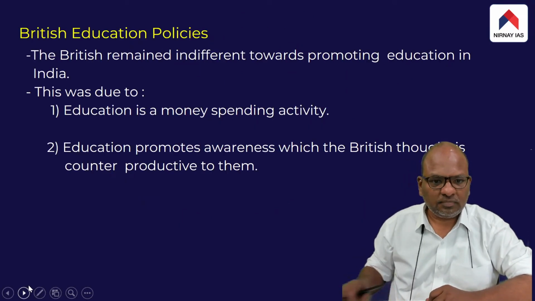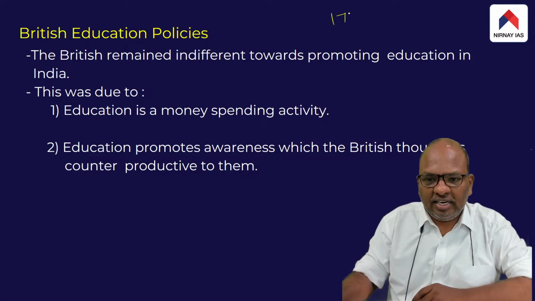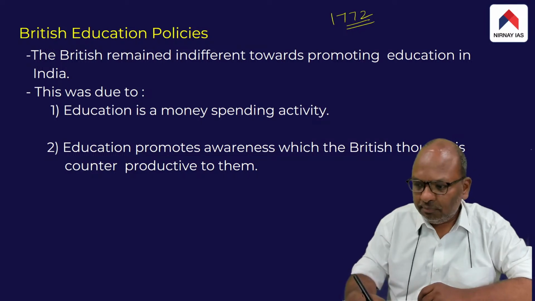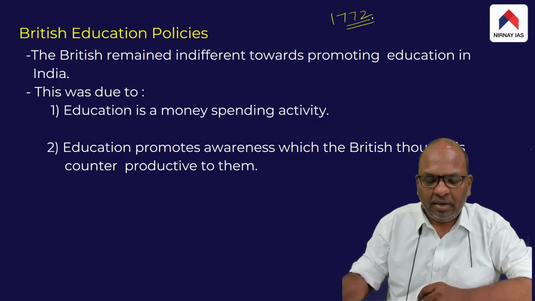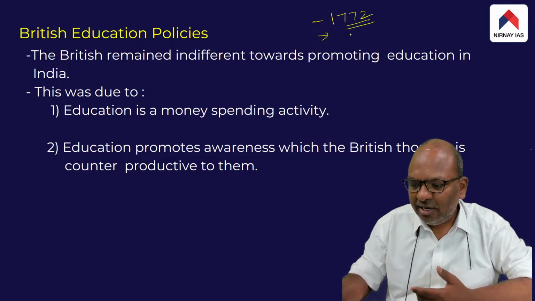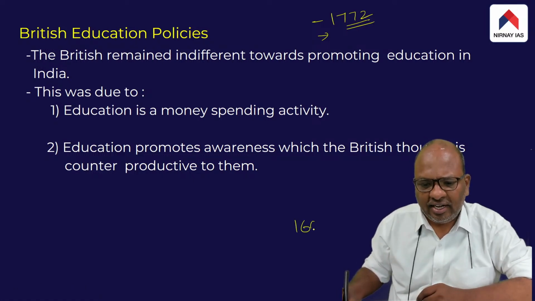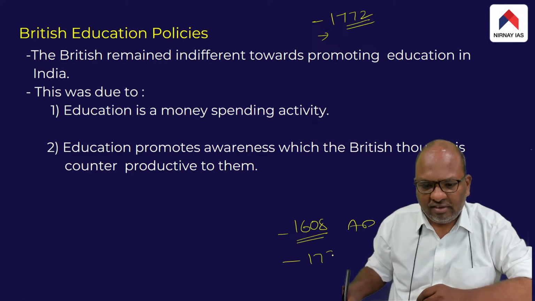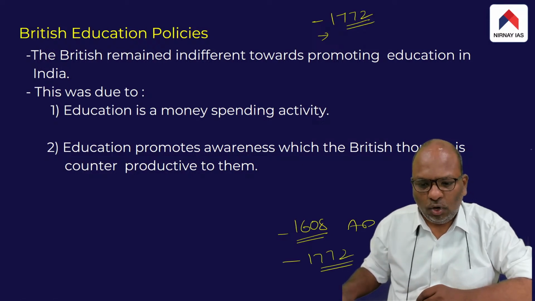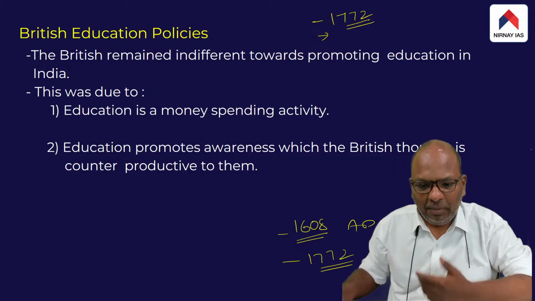The British rule commenced in 1772 AD. The British occupied Bengal, and thereby the British emerged as a territorial power in India. The British basically landed in India in 1608 AD, but in 1772 AD, they got transformed into a territorial entity from just a trading power.